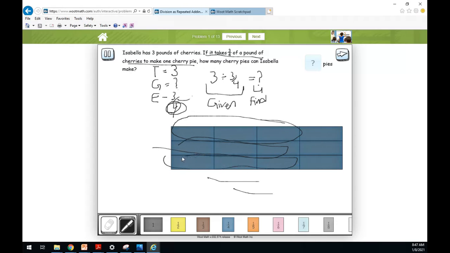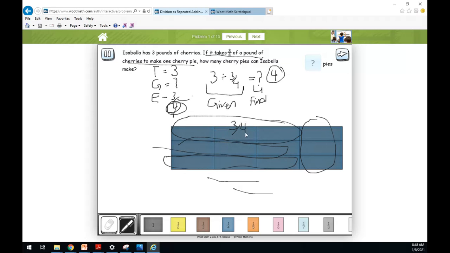Here's another 3/4. I was able to make 3 whole pies, and I'm going to have another pie here. So guess what? I get to make 4 cherry pies because I made 4 groups of 3/4.